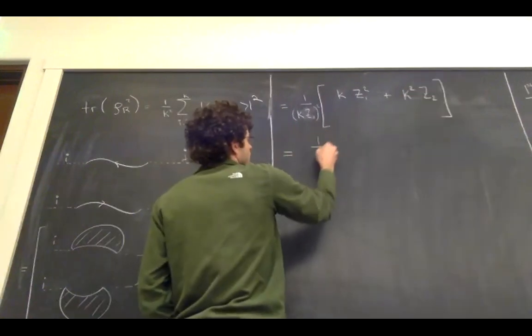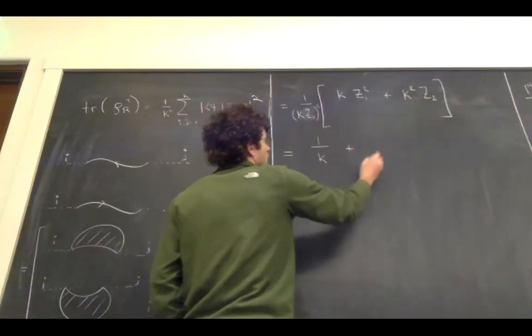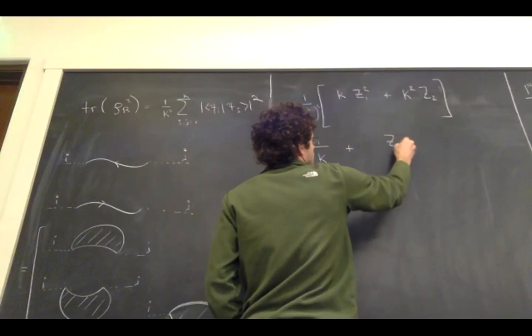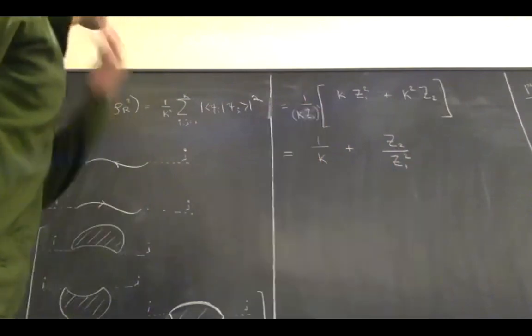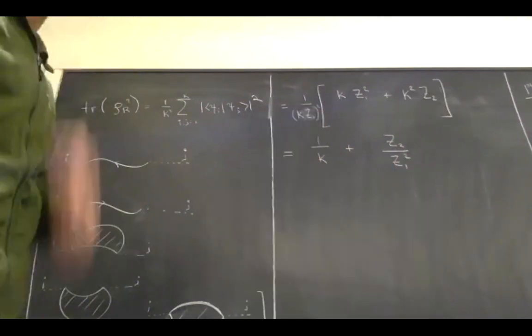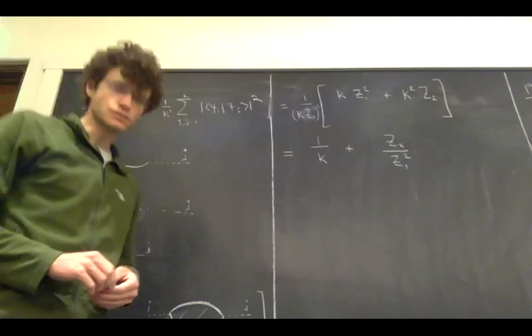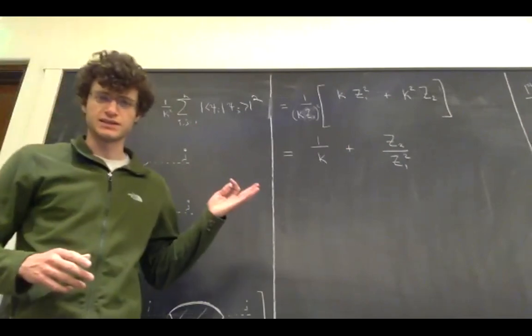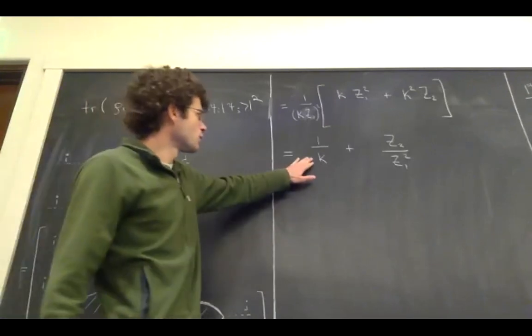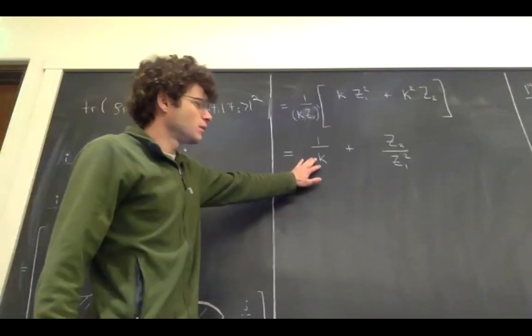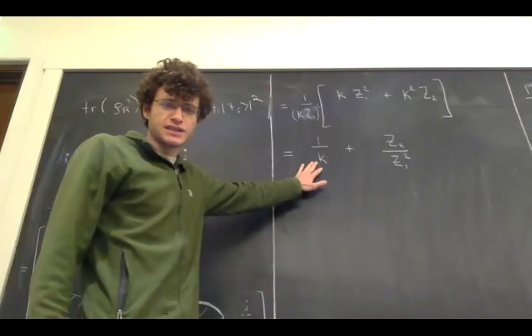This quantity is 1 over k plus Z2 over Z1 squared for the purity trace rho squared. So let's try to analyze this answer a little bit. The answer 1 over k is what we would have got from the maximally mixed density matrix.